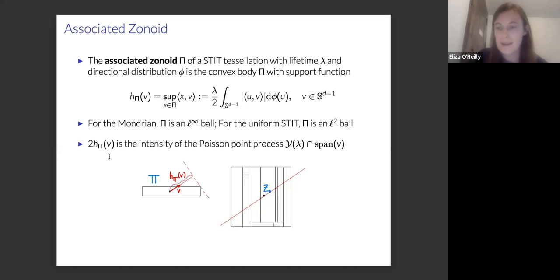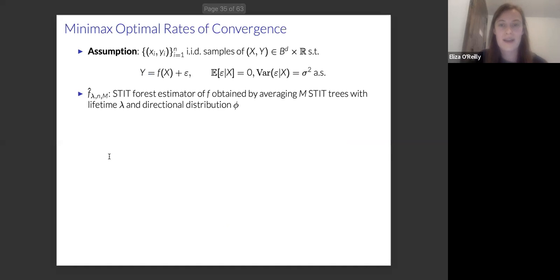Okay, great. So next I want to return back to our application. We want to study the risk or generalization error of these STIT random forests, which are ensembles of STIT random trees generated by these STIT processes.